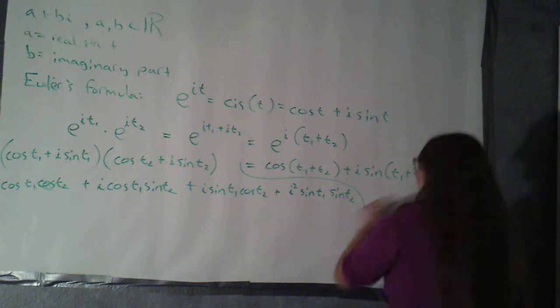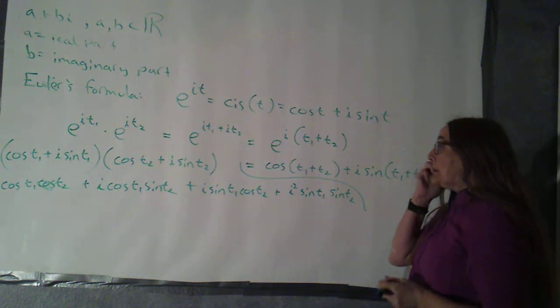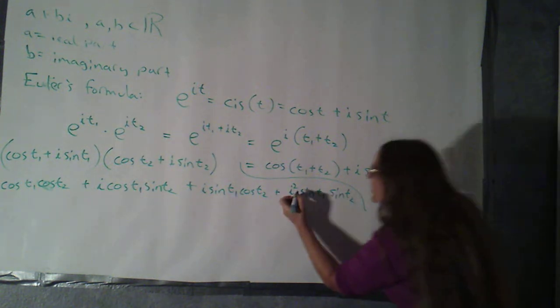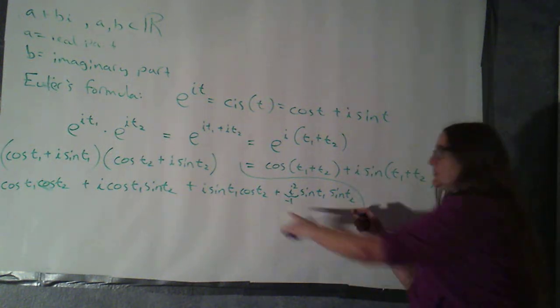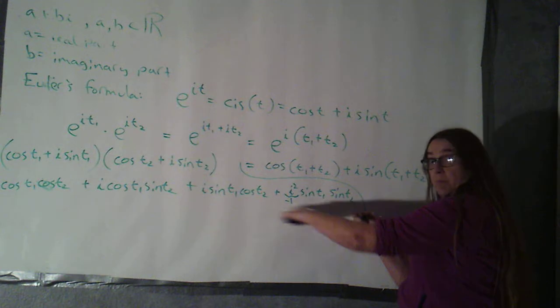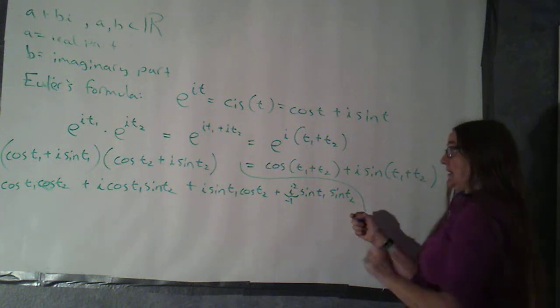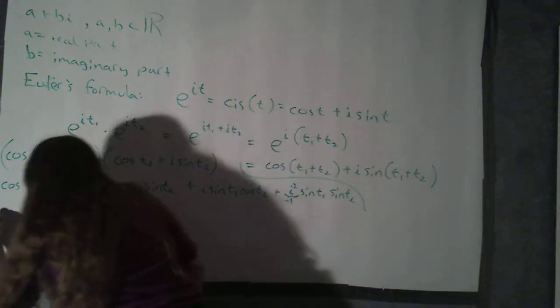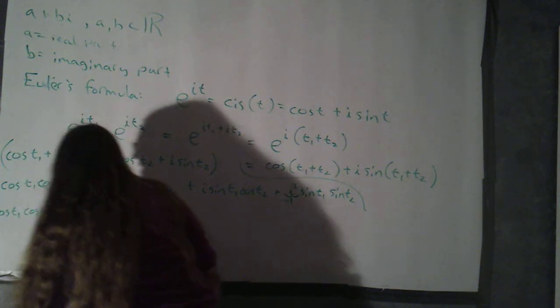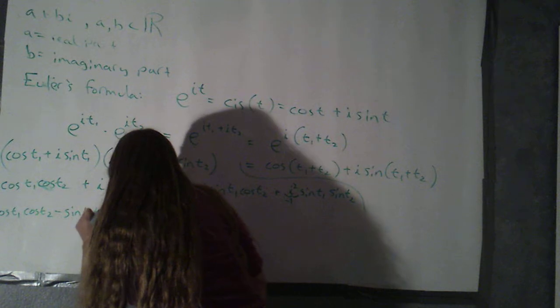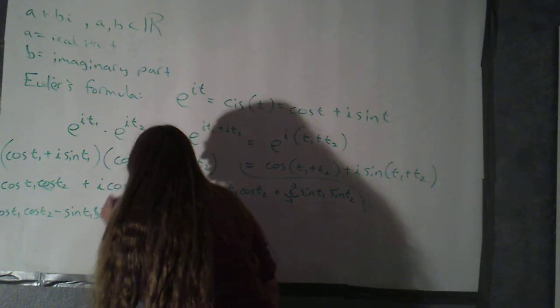Oh my goodness, that took up some space. Okay. Let's sort of consolidate. Now notice there's an i squared here. Remember, that's just a -1. So this term is actually part of the real part of things. So I'm just going to say this is cosine of t1 times cosine of t2 minus sine of t1 times sine of t2.